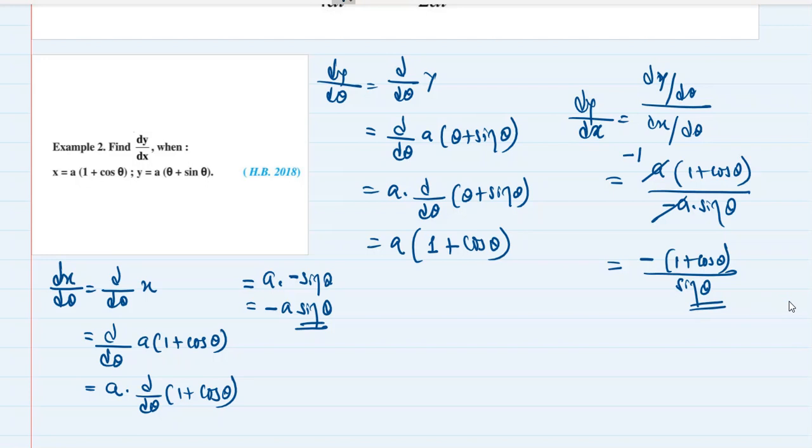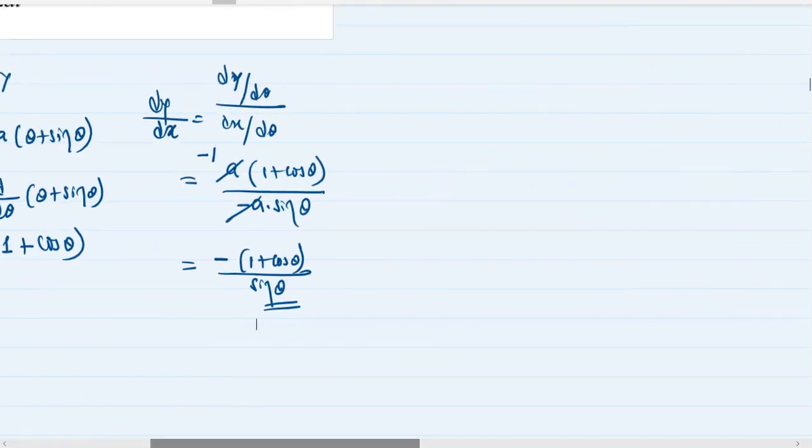Now if you want to leave this answer over here you can, but if you want to solve further, there is one more way. Using some trigonometric formulae you can simplify it further, but there is no requirement. Only if you want. So this will become minus of 1 plus cos theta.